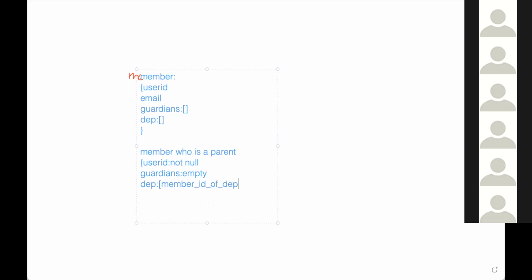Okay. So is this structure easy to parse? Or what's the performance impact? We don't have to worry about members and dependents because there are not going to be too many. But what can be too many would be the payments.